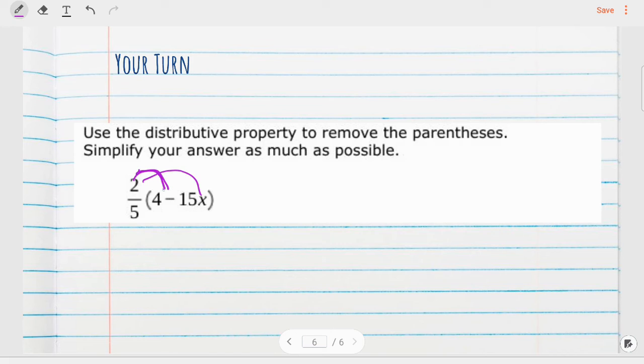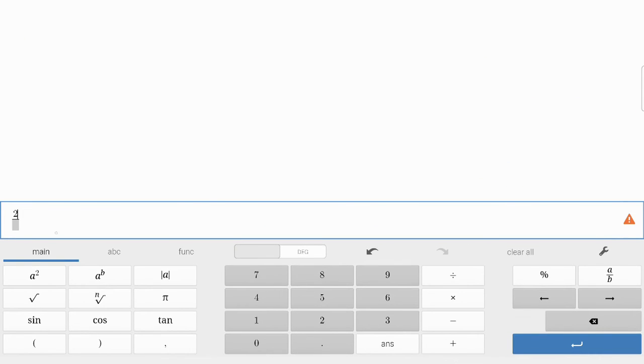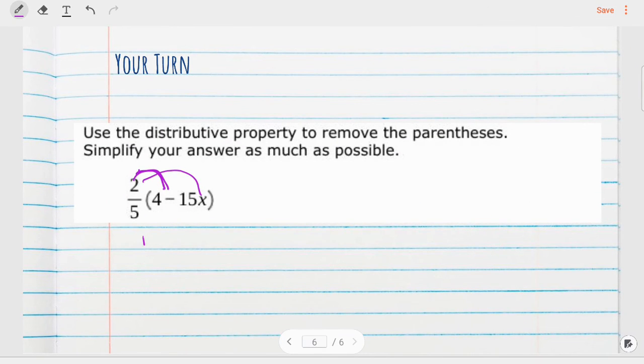All right, 2/5 times 4 is going to simplify to, let's check that out. 2/5 times 4 is 1.6, or I can write it as a fraction, 8/5. And I'm going to go ahead and leave it as a decimal.